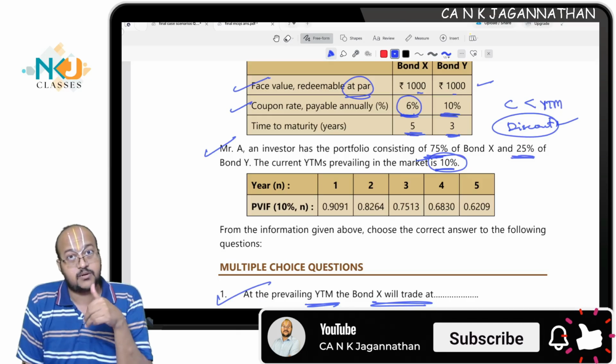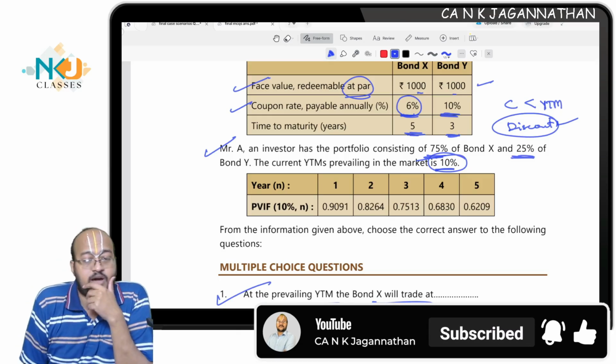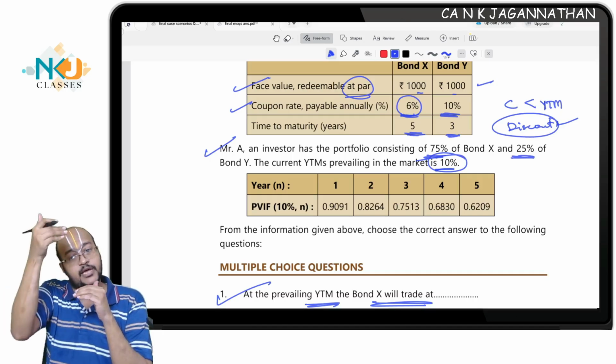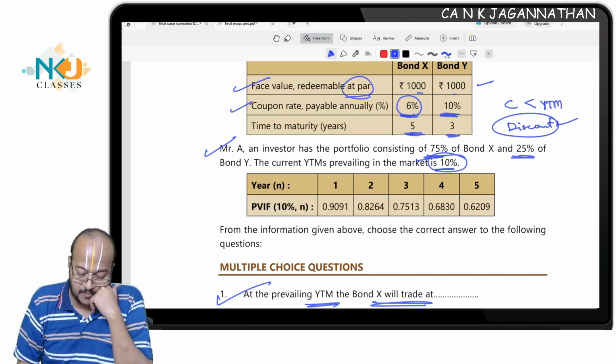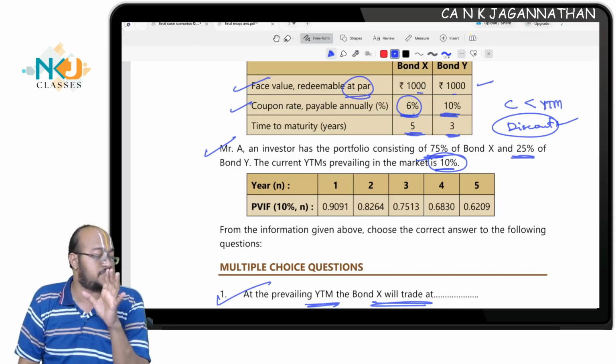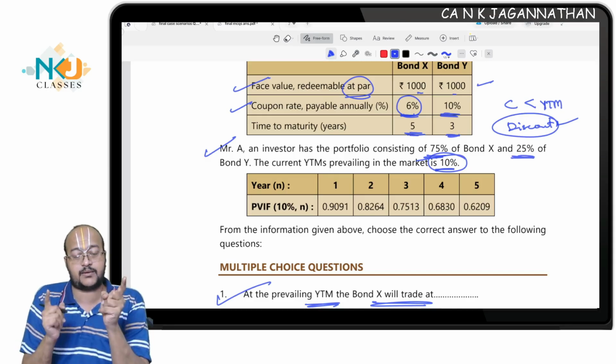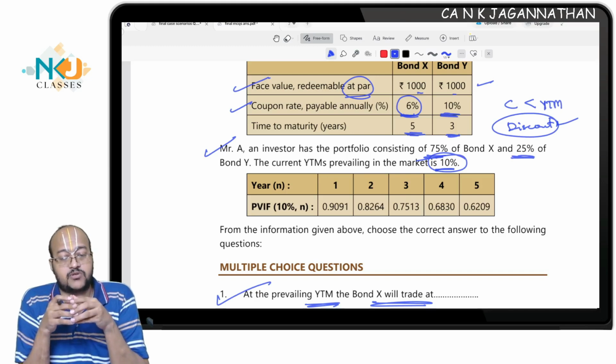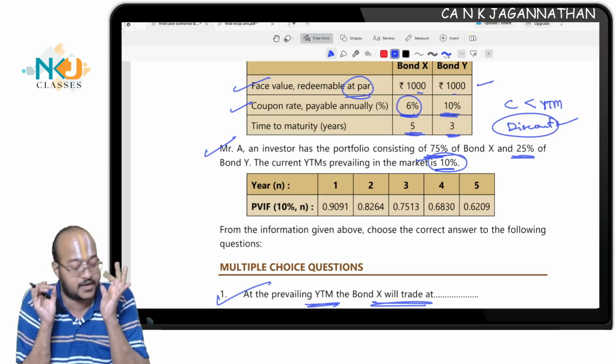If the coupon is more than YTM, are you all understanding? If YTM is less than the coupon, the bond will be trading at a premium. And this concept I already explained: if the YTM is the same as the coupon, the coupon is the only income you will receive, there will be no capital gain or loss, which means the bond will be trading at par.